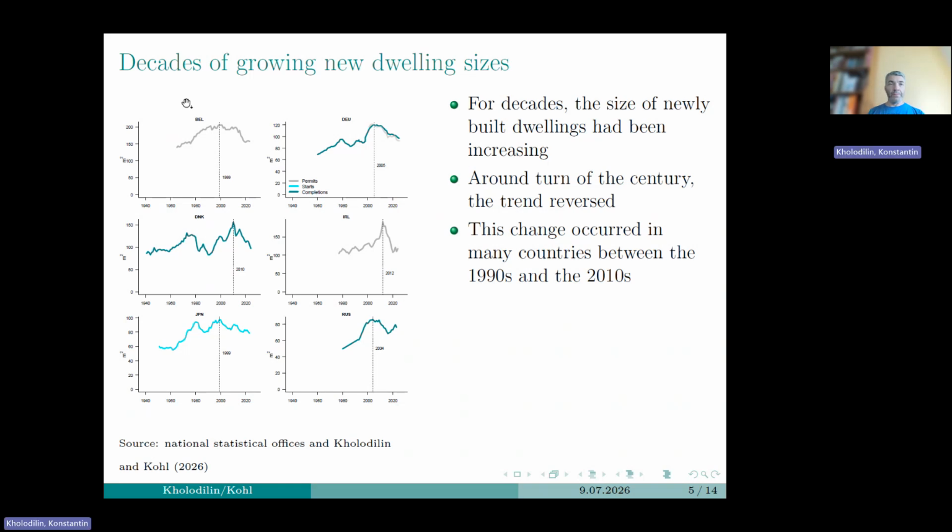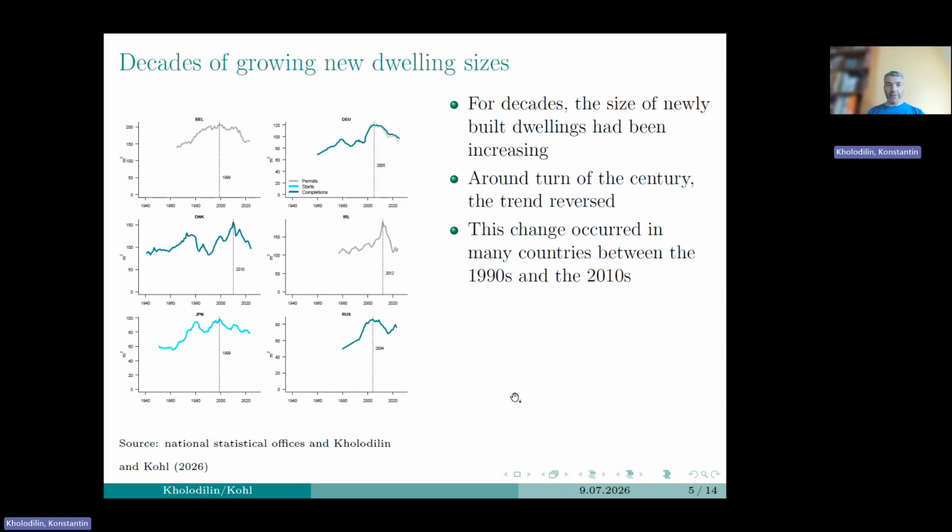Therefore it can be the case that the reversal of trend in the size of newly built dwellings, which took place in terms of building permits around 1999, materialized in terms of housing completions 1 or 2 years later.